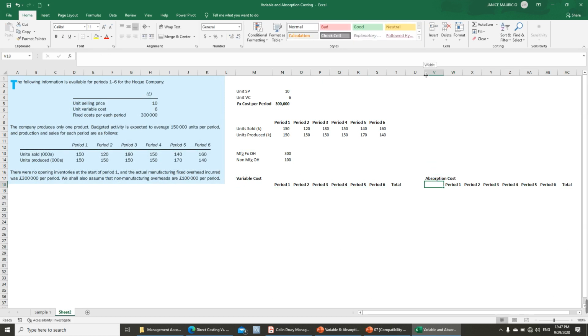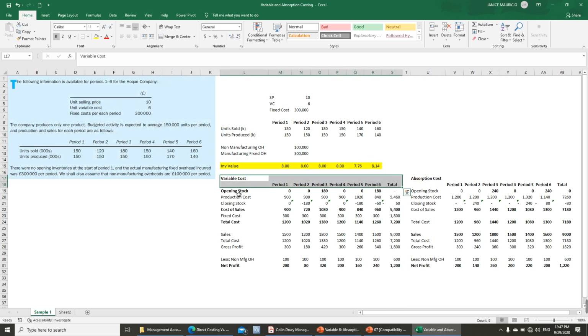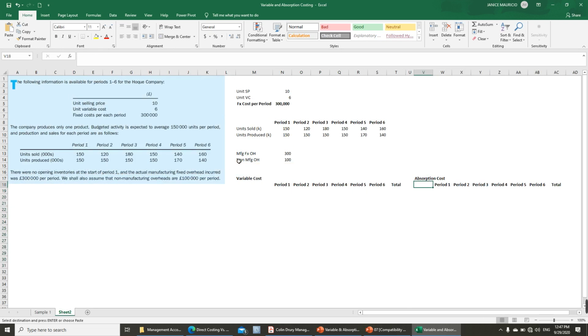Okay? So we will be doing two profit statements. So I will just copy this. Don't worry, I won't cheat on the answer. So opening stock, it says that there's no opening inventories as at the start of period 1.